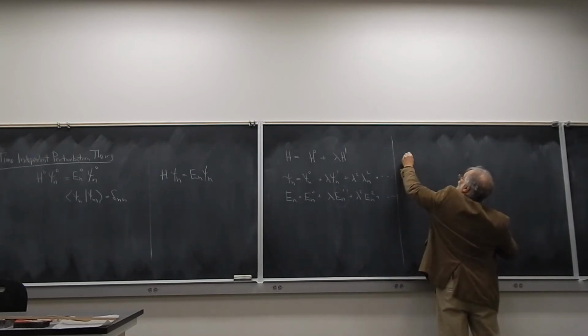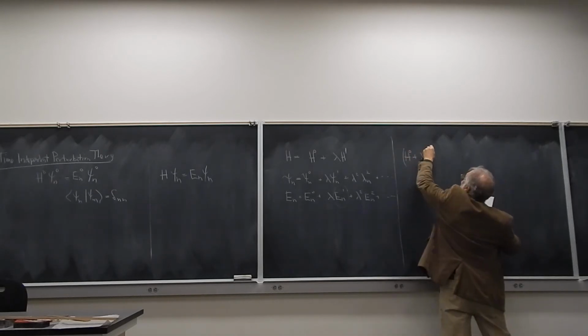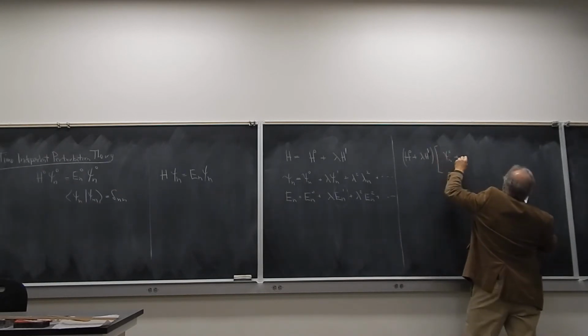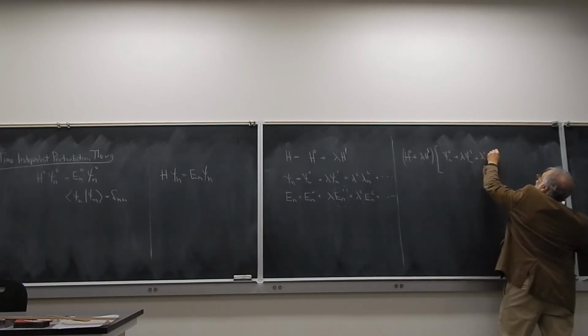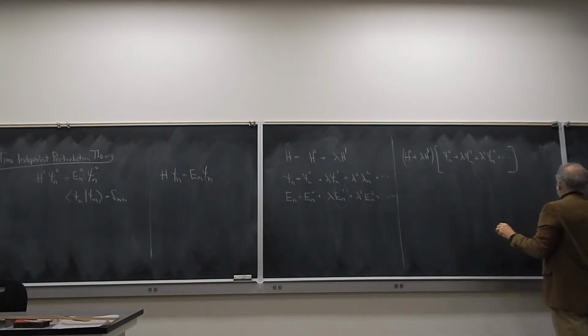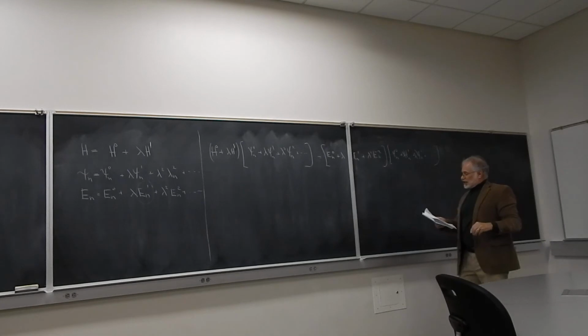And we'll get (H0 plus lambda H1) times (psi n0 plus lambda psi n1 plus lambda squared psi n2 plus on and on) is equal to (En0 plus lambda En1 plus lambda squared En2) times (psi n0 plus lambda psi n1 plus lambda squared psi n2), etc. So it makes a real mess.